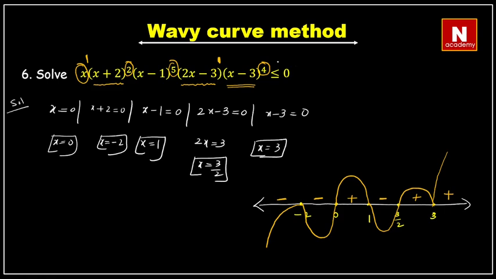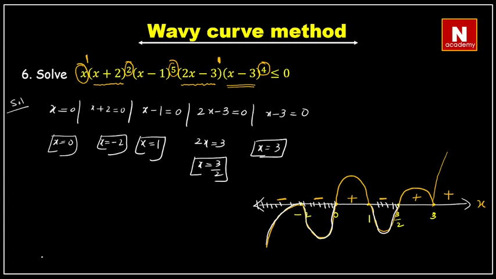Here less than or equal to 0 is given. Where is it negative? The graph is negative means below the x-axis. This part is below the x-axis, negative, and this part also is negative. So the corresponding x values are minus infinity directly up to 0, and 1 to 3/2, also negative.